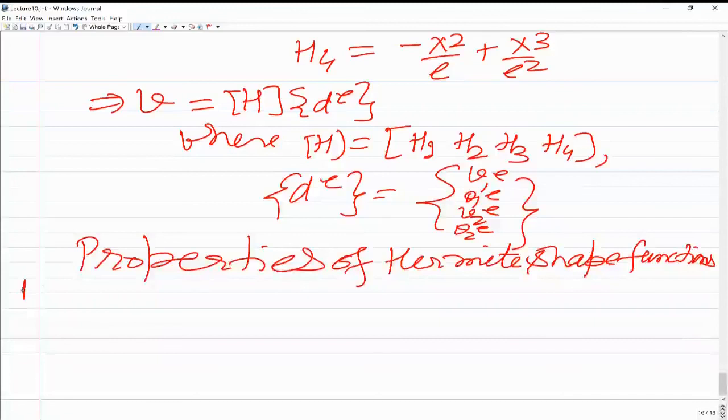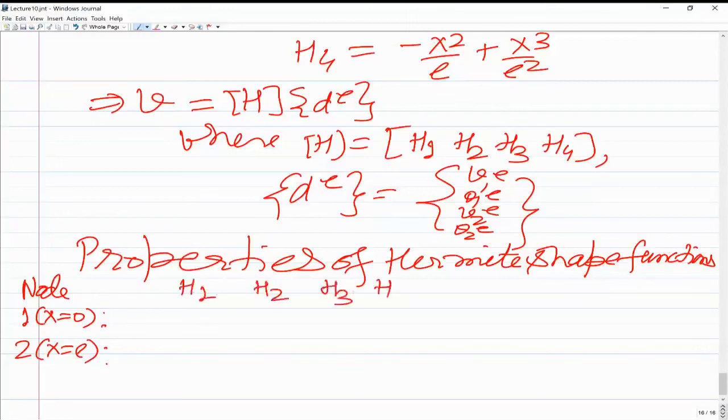So node number 1 is at local x equal to 0, node number 2 is at local x equal to L. These are the node numbers, and for the shape functions, let's look at the values of h1, h2, h3, h4. And because the slope is also involved, let us also look at their derivatives: dh1 by dx, dh2 by dx, dh3 by dx, and dh4 by dx.